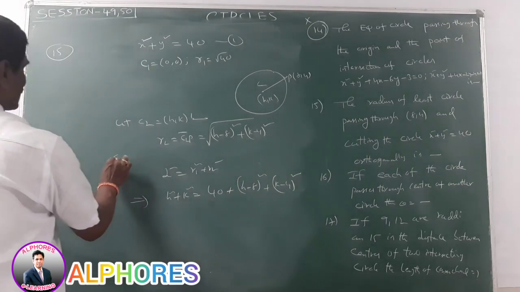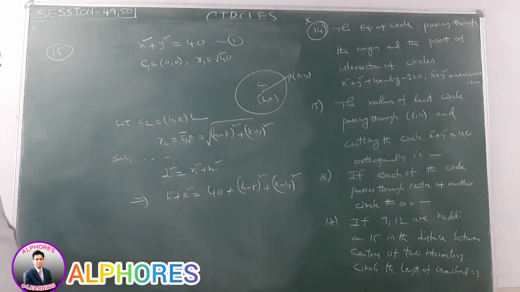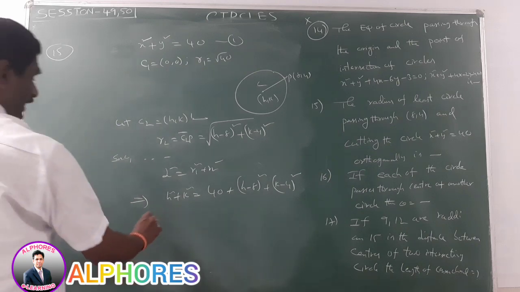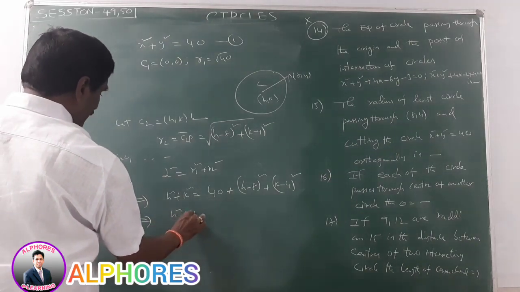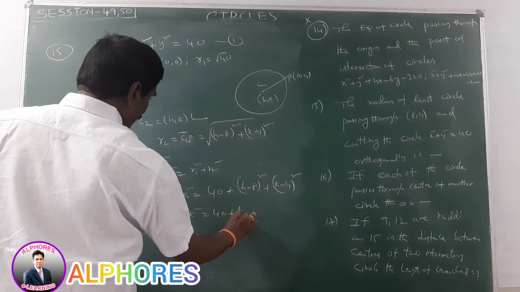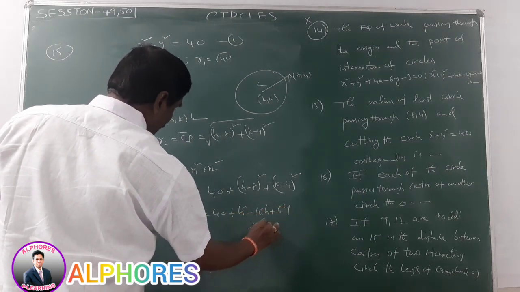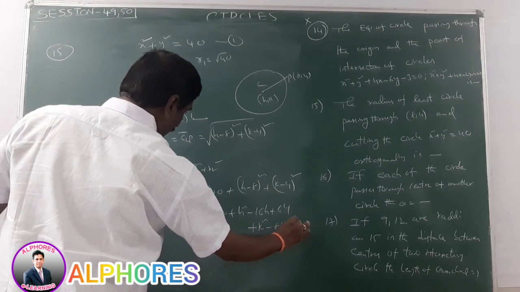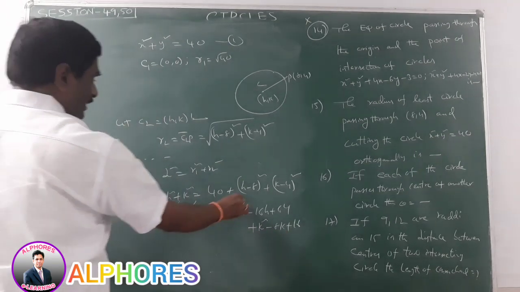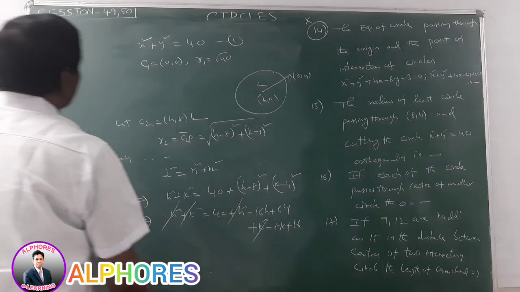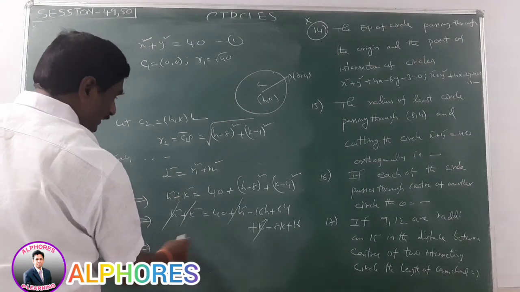Okay, since the two circles are intersecting orthogonally, d square is equal to r1 square plus r2 square. That implies h square plus k square is equal to that value. h square plus k square is equal to 40 plus h square minus 16h plus 64 plus k square minus 8k plus 16. Okay, h square and k square cancelled. Now we get the relation between these two values.